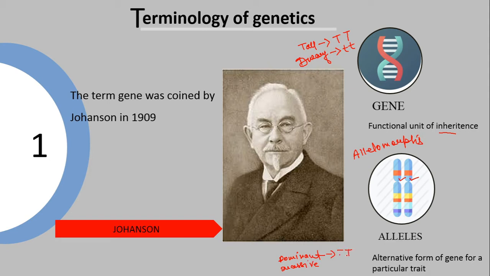Here capital T is dominant, whereas small t and small t is recessive.